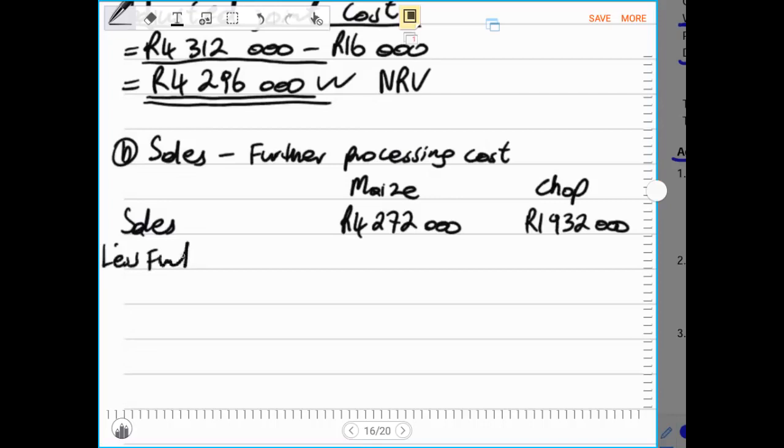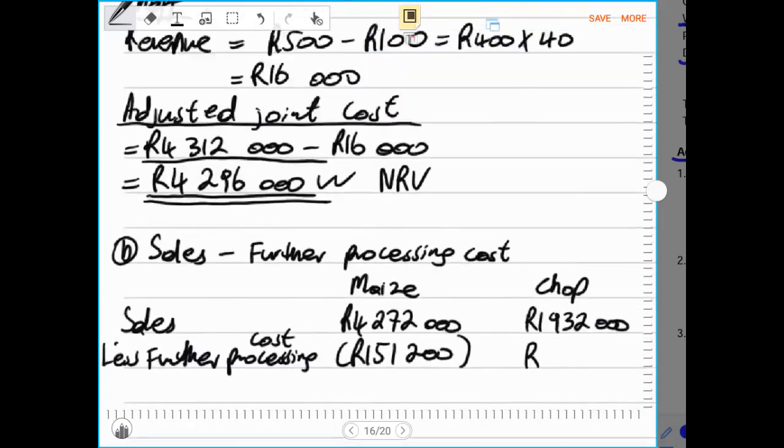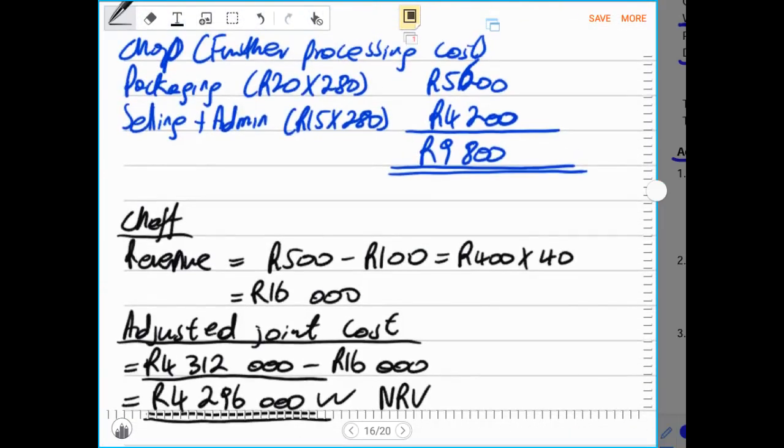Less further processing cost. And we already know that the further processing costs were calculated already. It was 151,200, just to confirm that.